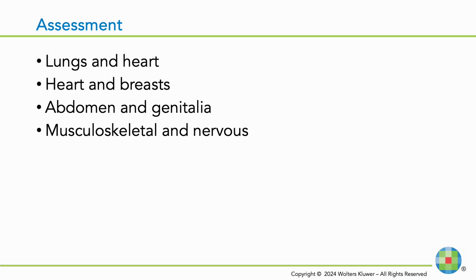Now, some of these things we're not going to be assessing necessarily as anesthesia providers, especially genitalia, the breast, but you need to be able to recognize signs and assessment findings that are not normal and not appropriate. Bruising. Look for musculoskeletal, nervous system changes. How is that child responding? These are things that you need to be aware of.